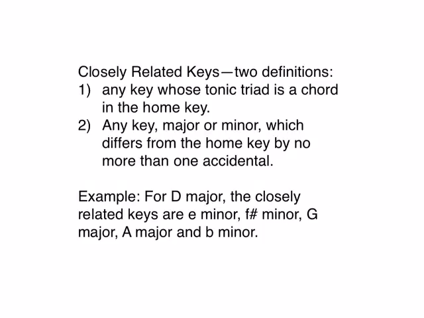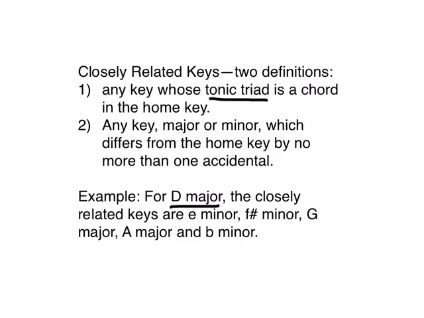So for example, if our home key is D major, the closely related keys are E minor, which would be a 2 chord in D, F sharp minor, a 3 chord in D, G major, a 4 chord in D, A major, a 5 chord in D, and B minor, a 6 chord in D. Notice we didn't mention C sharp diminished, since a diminished chord can't act as a tonic triad in another key.